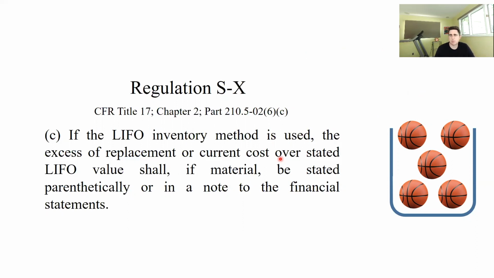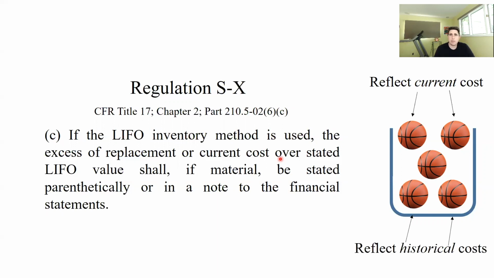But whatever the case may be, the latest basketballs that were added to the bucket reflect the current costs to acquire a basketball. And the earliest basketballs that we put in the bucket reflect the historical costs, so what the costs were a long time ago.